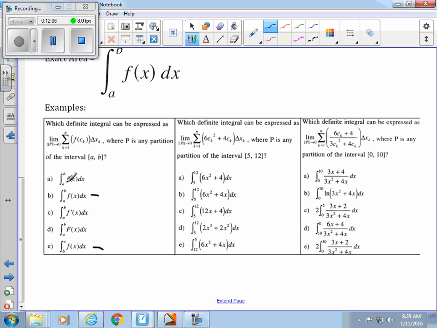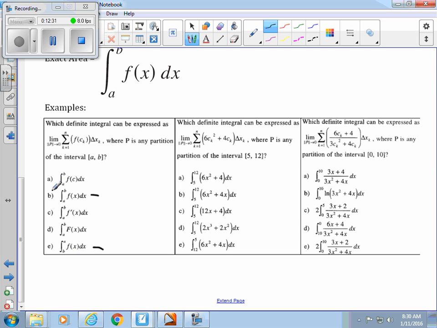This one is trying to trick us a little bit with the f of c, but it should be the same variable as the dx in your function. Notice this delta x here helped us out with that. This one says from a to b, and this one says from b to a. Which way do we integrate?